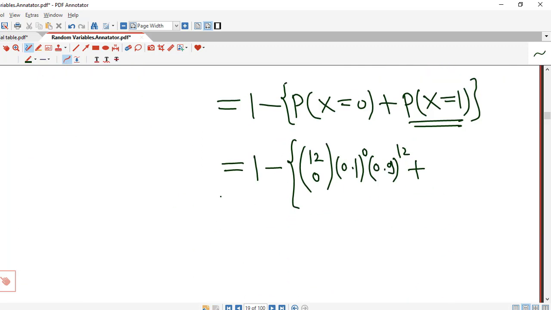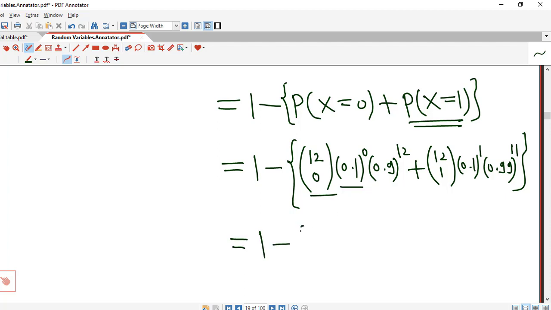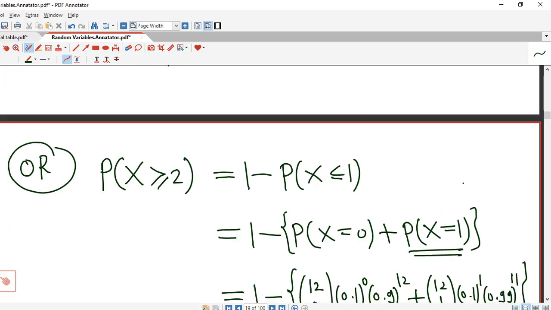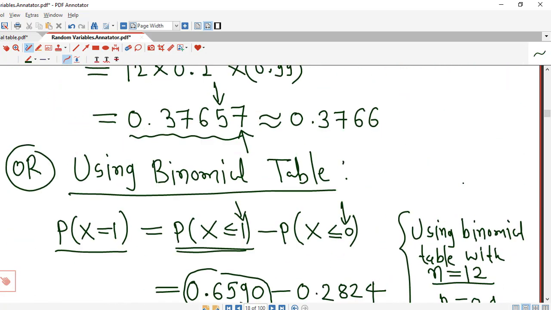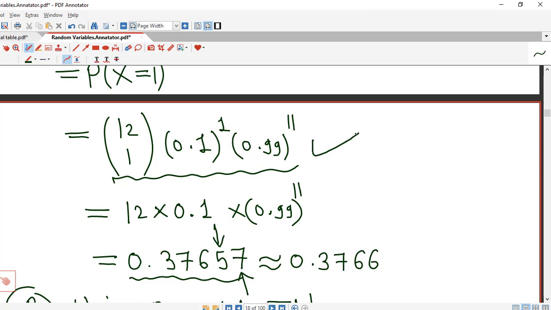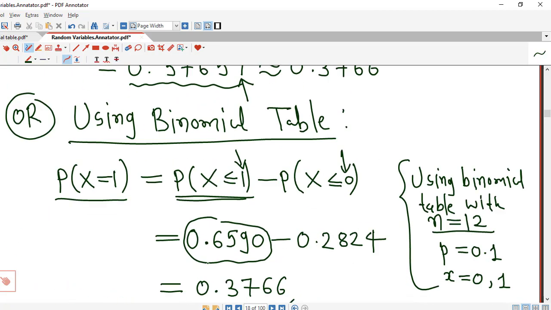We can write that directly here, or write one more step: 12C1, 0.1 raised to x, that is 1, and 0.9 raised to 12 minus 1, that is 11. We have calculated this, so we can write directly: this is nothing but 0.37657.